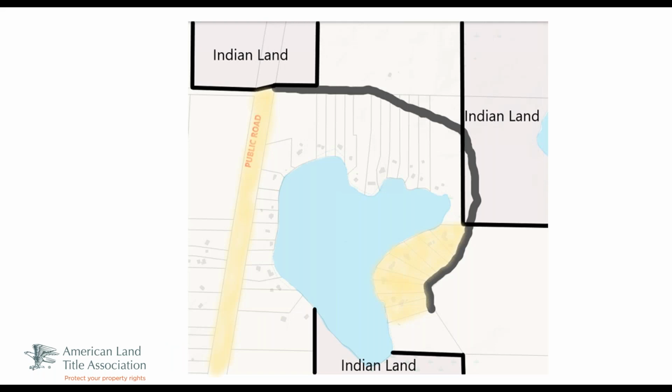That one. Okay. So if you look at this slide, this is an example of a subdivision that was built around a lake, and you've got a public road running north-south on the western part of the subdivision. There are lots of lots here, so there are lots of opportunities to issue title policies.